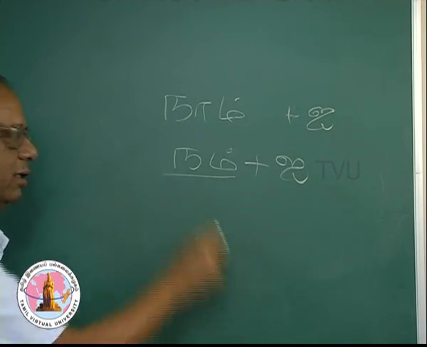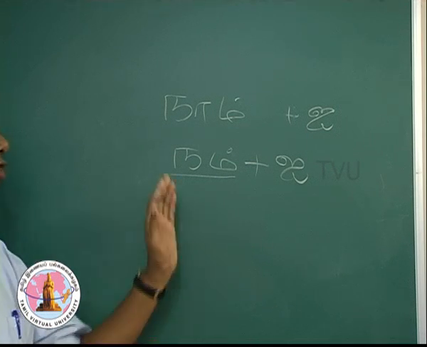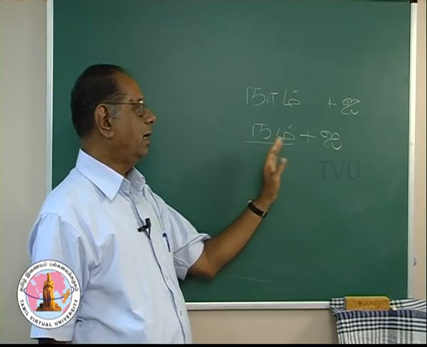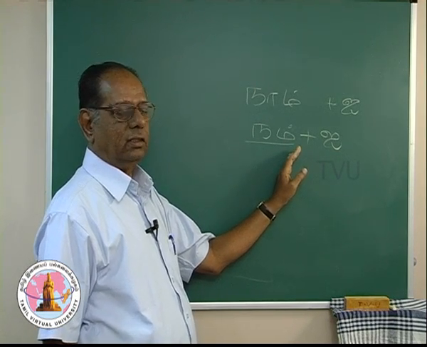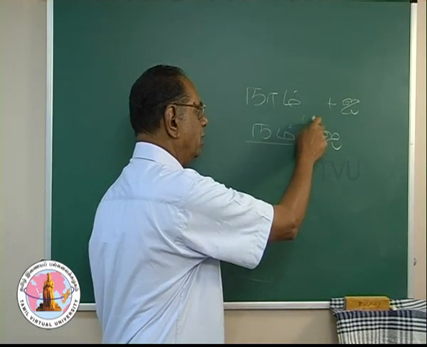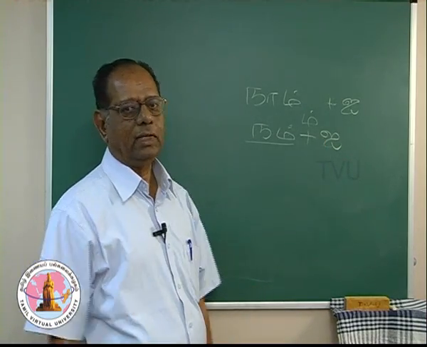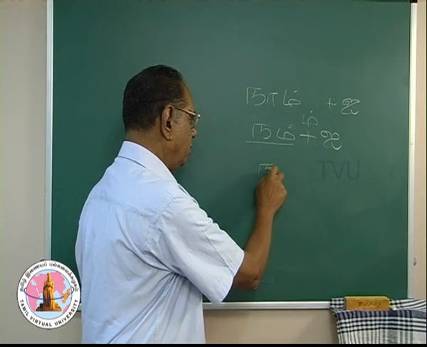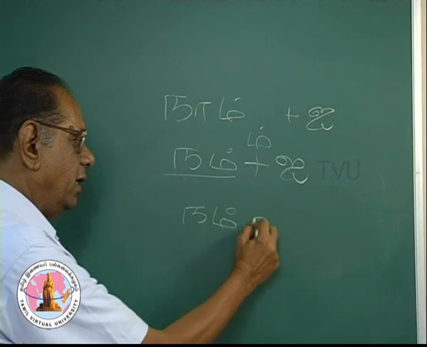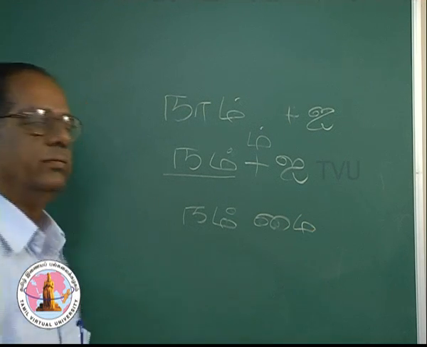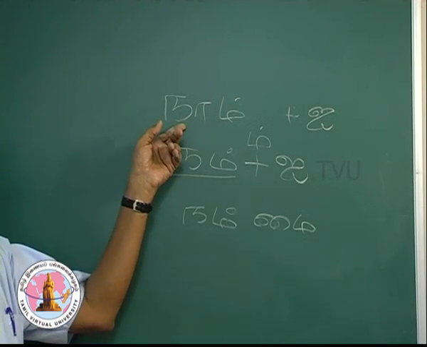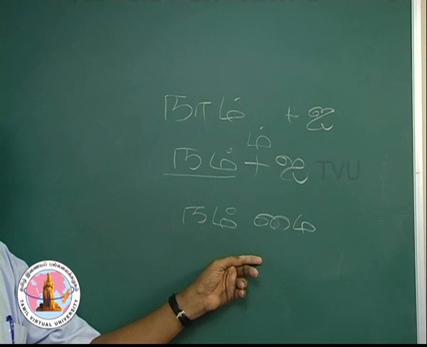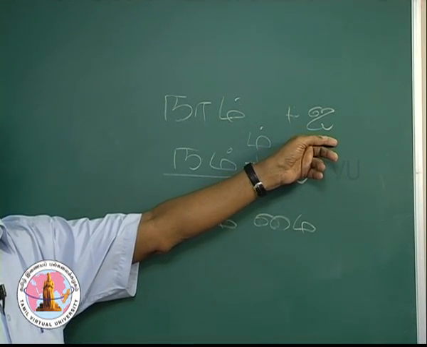This is a two-lettered word with a short vowel in the beginning and a consonant at the end. Such words naturally get doubled before taking up the case marker. So this will become nammai. So nam becomes nammai with the case marker I.